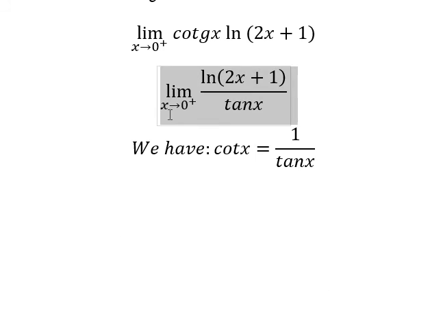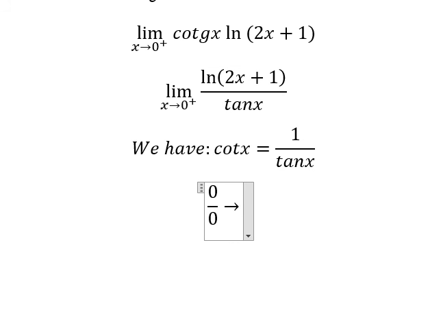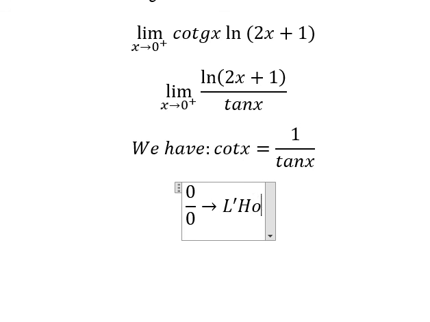So when x approaches number 0, this one you get 0. ln of number 1, we have number 0. Tan of number 0, you get 0. So we have 0 over 0, and we can use L'Hopital.